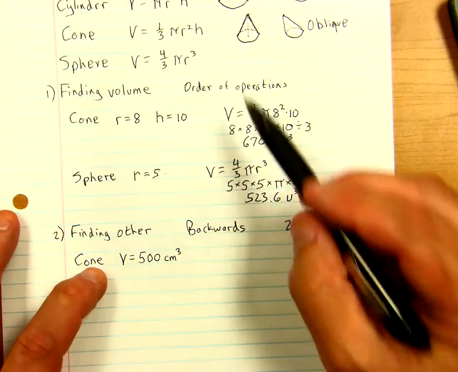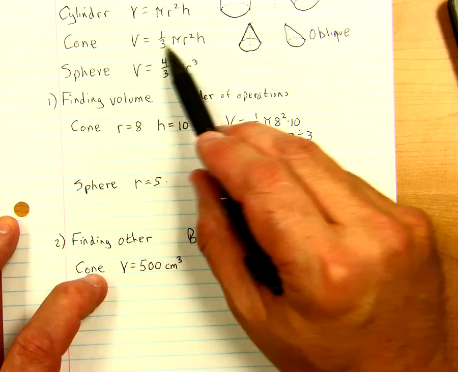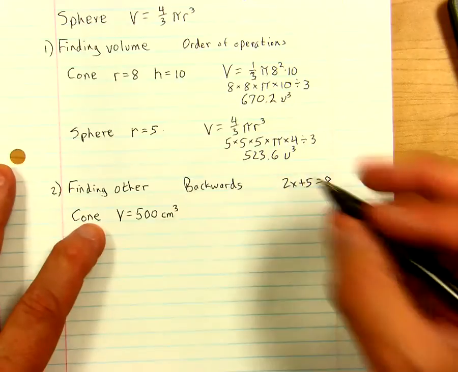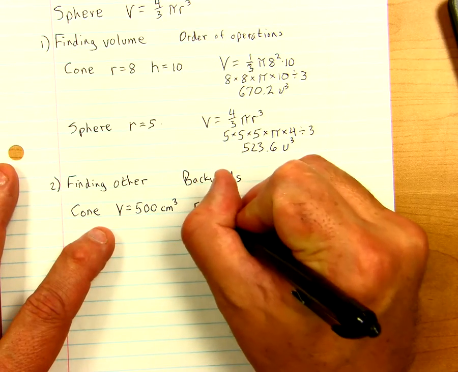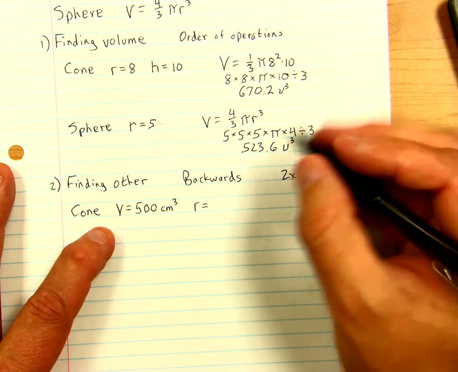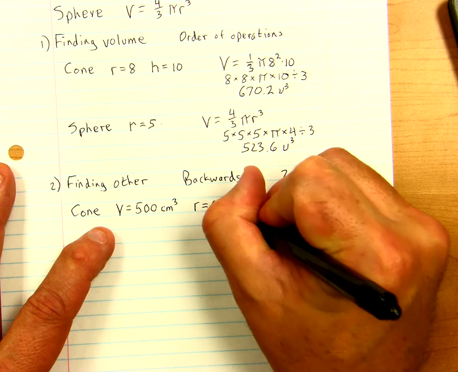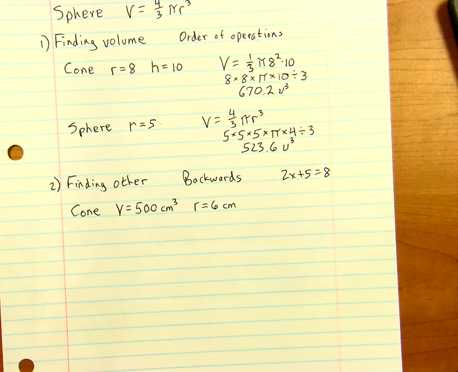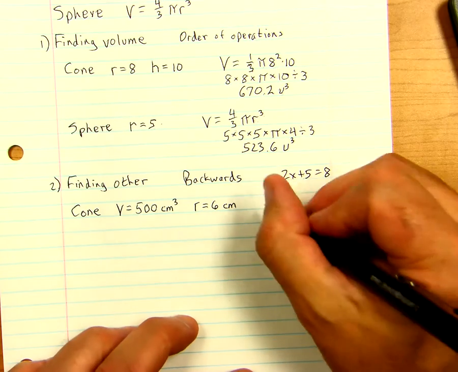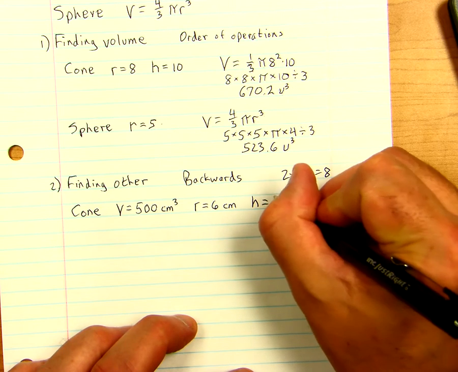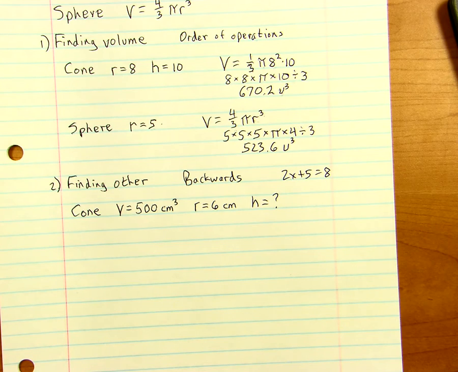Let's see what else. Cone then it has volume, radius, and height. So I'm going to give you the radius this time. The radius is 6 centimeters. Which means then the only thing left is to find the height. How tall is the cone?